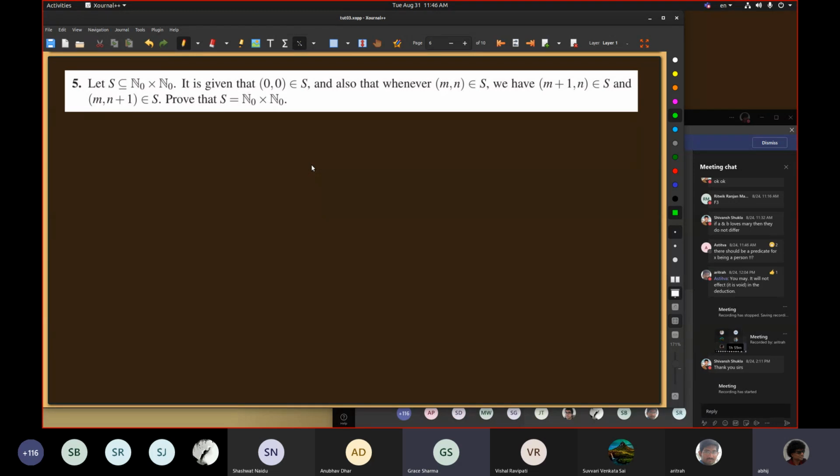First we will prove it linearly for (0, n) and for (m, 0). Then from each linear one, from horizontal we can prove vertically, and from vertical we can prove horizontal from each point. Okay, that is a way you can do it. Yeah, that also you can do.